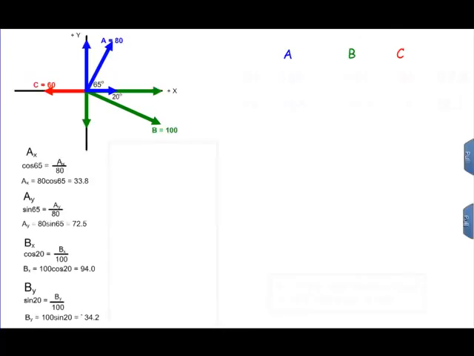So you do that for the x components of vectors A and B, and then you can go ahead and make your tables, columns A, B, and C, and the sum of the x's is equal to your calculated value of 33.8 plus 94. And don't forget vector C, that's negative 60, and you get 67.8. You can do the same thing for the y component vectors.